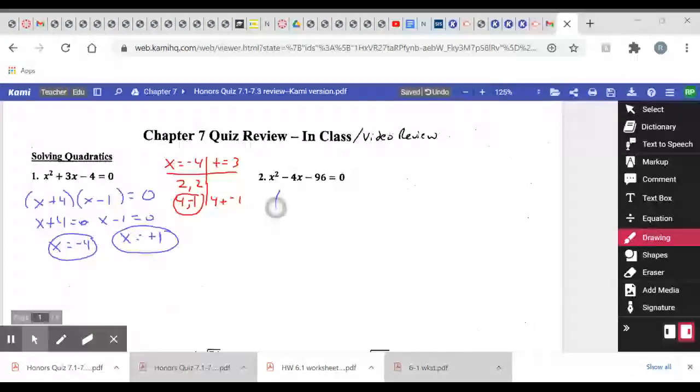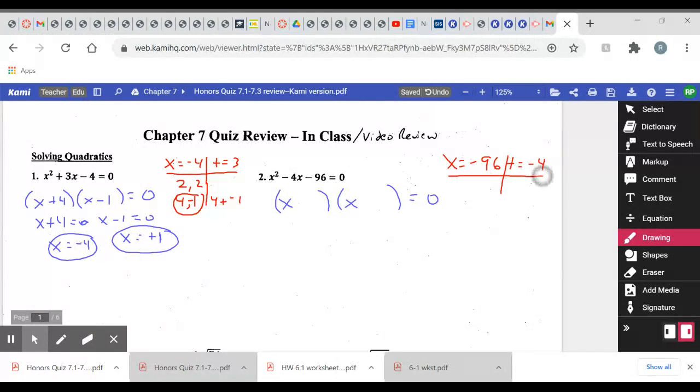All right, same type thing over here. I see a 1 in front of the x squared, so I know I can factor the shorter, quicker way. I want to think of the little puzzle off to the side. Then I know that I'm looking for 2 numbers that multiply together to give me -96 and add together to give me -4. I start thinking of some factors of 96.